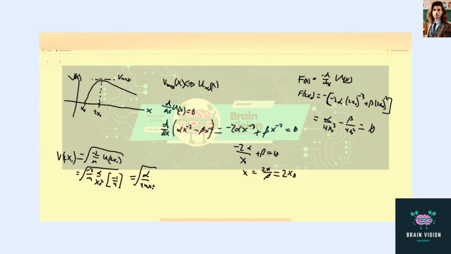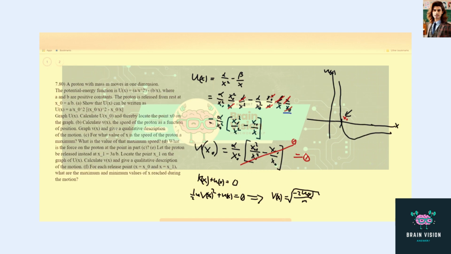And that's what we expect. If we have our minimum potential energy, that's where it's going to be. The force could be 0 because of the slope on either side. It's negative on the left-hand side, so it's going to push it this way. Positive on the right-hand side is going to push it this way, which means that at the center there's going to be no force.